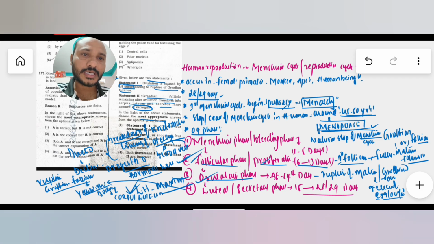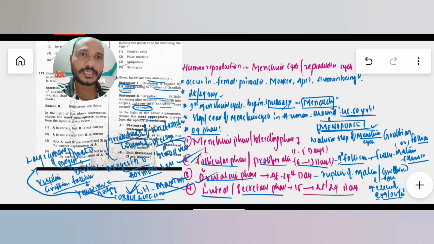This corpus luteum structure secretes a large amount of progesterone hormone. Large amounts of progesterone are secreted from this yellow body, the corpus luteum. That's why the luteal or secretory phase means various hormones are secreted from the ruptured Graafian follicle, when it turns into corpus luteum.